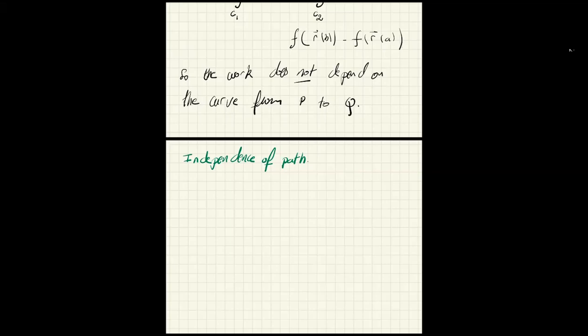So we will call these gradient fields path independent, because we've just proved that they do not depend on the path. You will see that in some cases they are the only path independent fields.